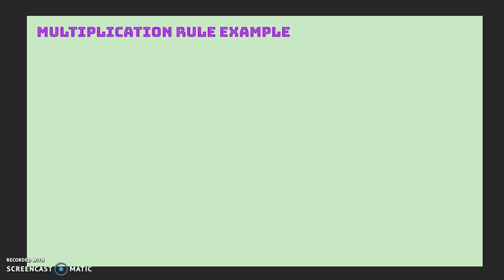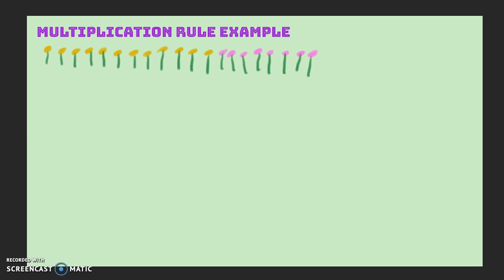So, in this example, suppose my garden has gotten bigger, and this time I have 12 sunflowers and 8 roses. 2 flowers are picked. What is the probability that both of these flowers picked are going to be roses?